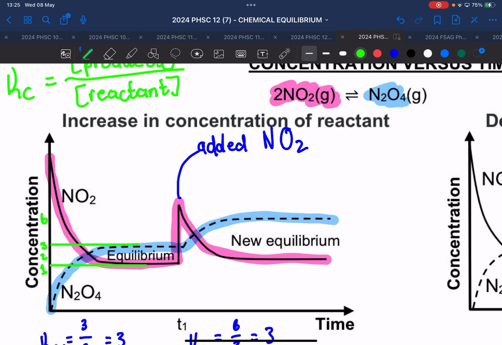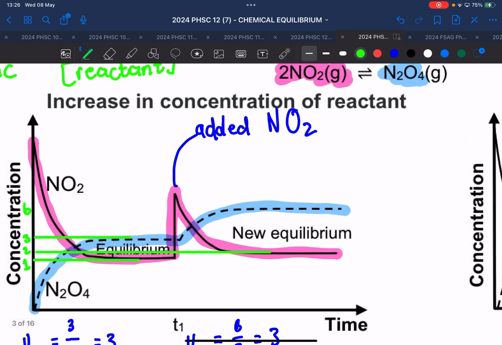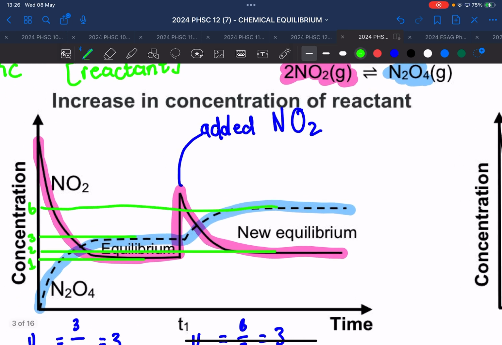So now we change the concentration of our reactant, and a new equilibrium is established. If we look at the values of these concentrations, our NO2, our reactant, will have a concentration of 2, and our products, our blue line, will have a concentration of 6.